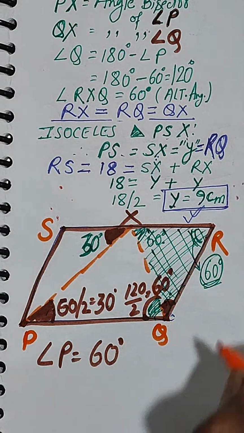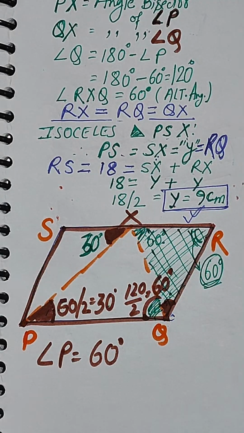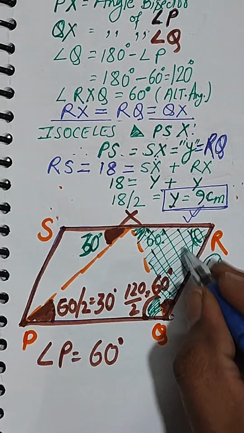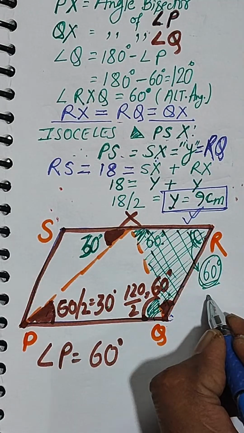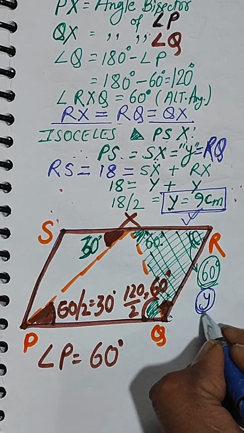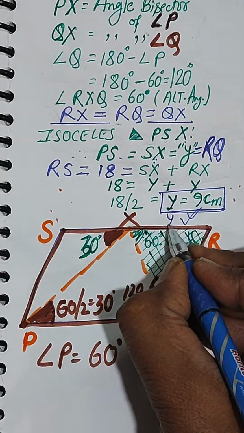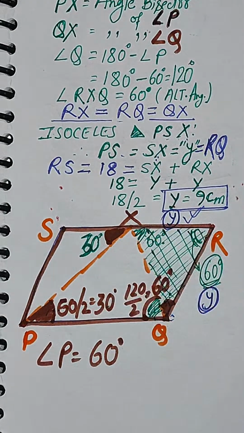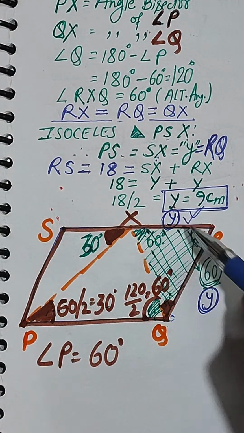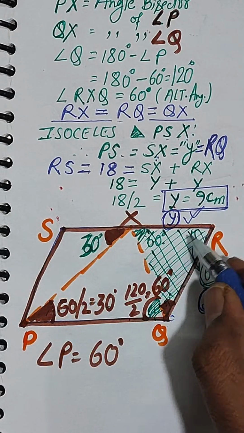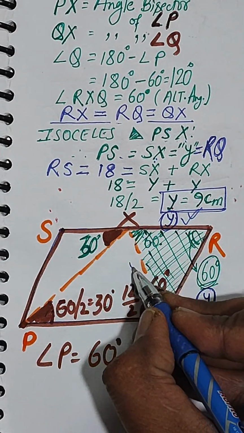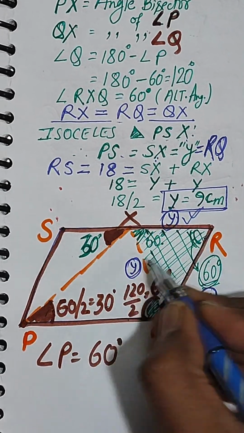So let us say the length of each of the sides of this triangle is equal to y. If this is y, then RX is also equal to y, right? This QX is also equal to y, right?